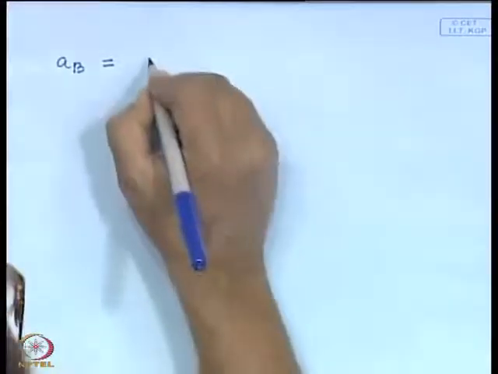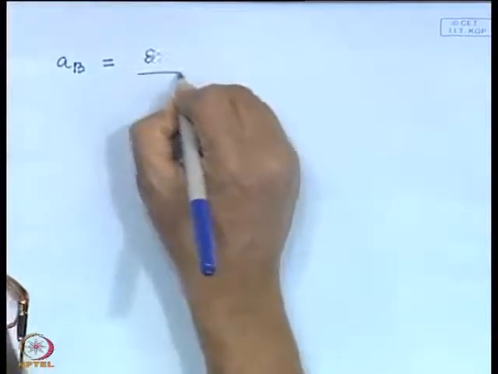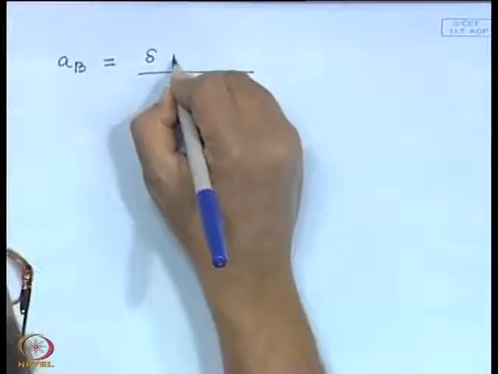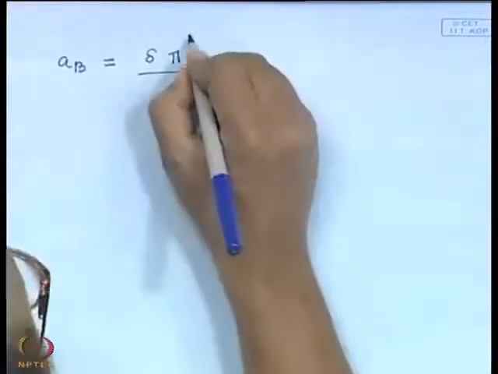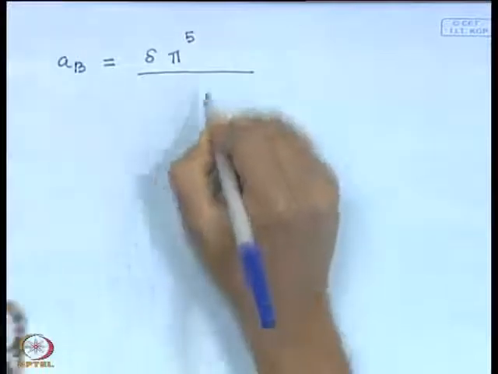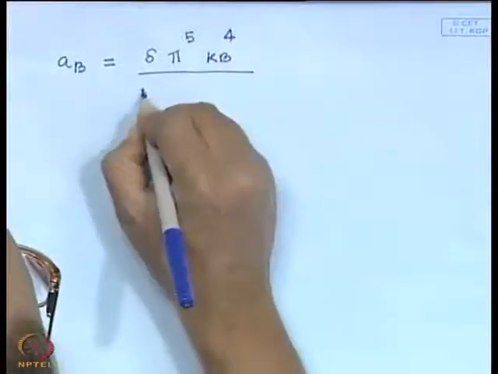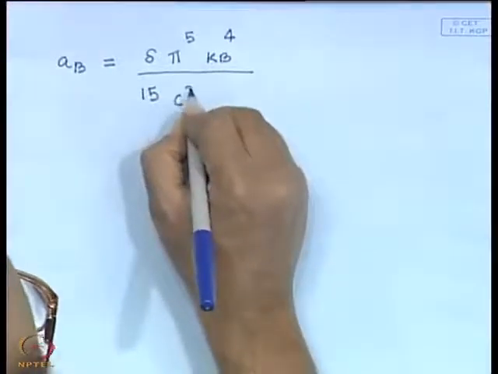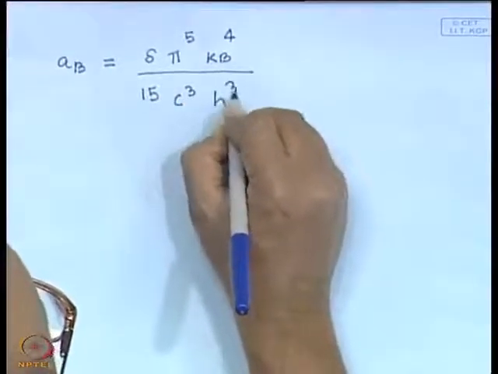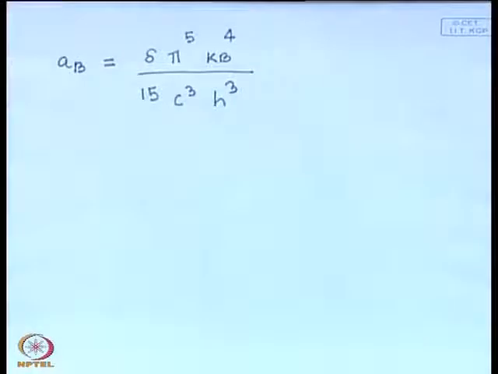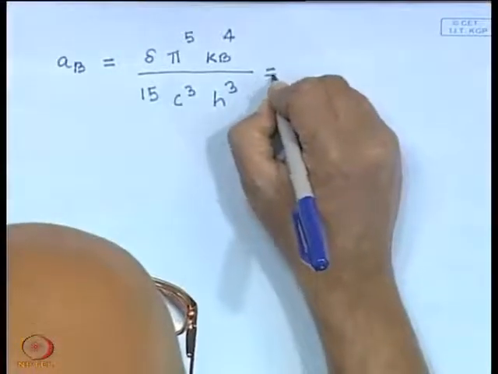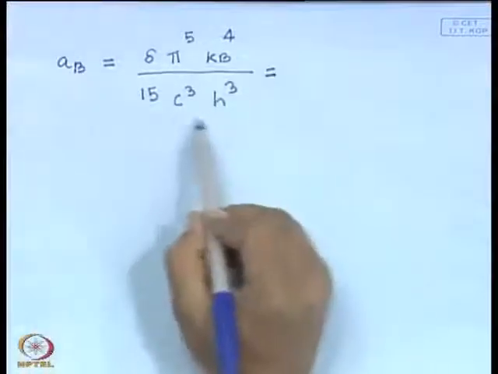So I have in the numerator 8 pi to the power 5 kb to the power 4 by 15 c cube and h cube. That is the Stefan constant, and this has a value. Now you put in, all of these are fundamental constants.